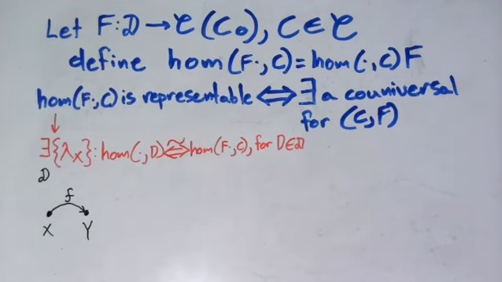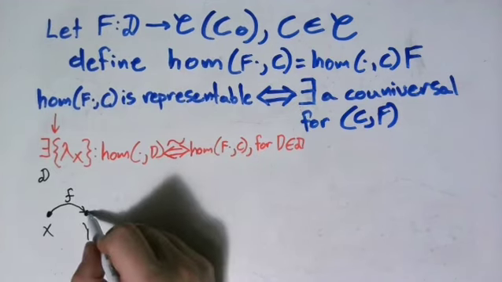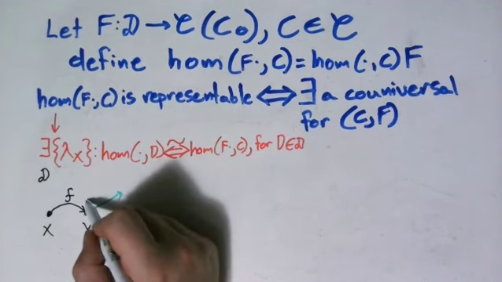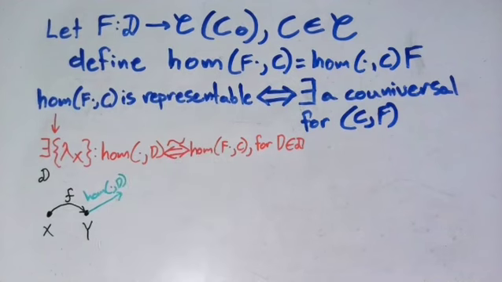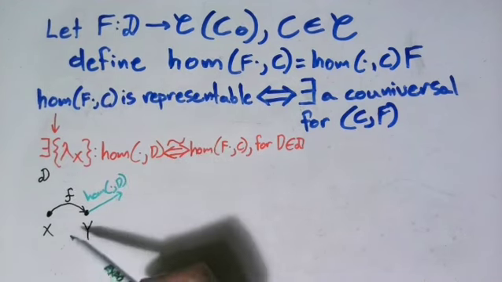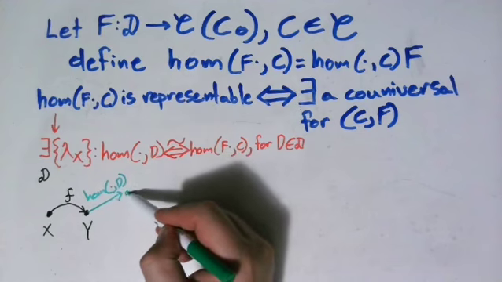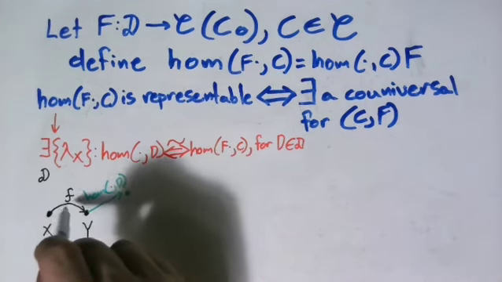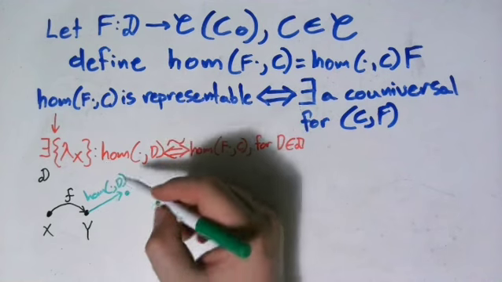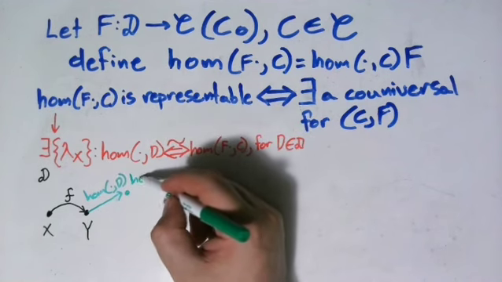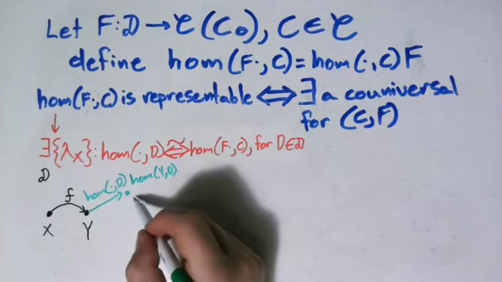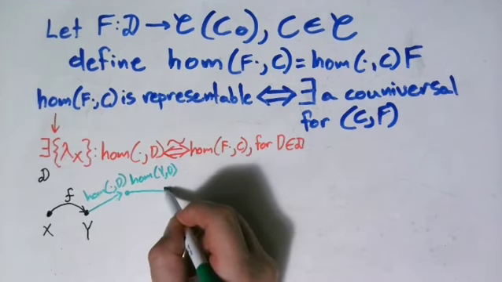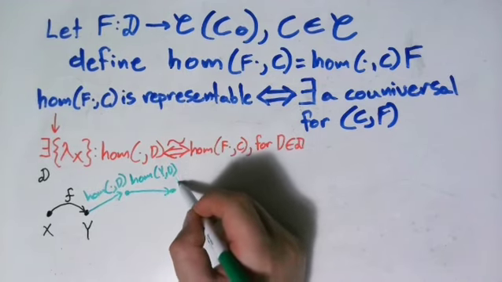Well, then on the top here, our first functor is home blank d, and that's a contravariant functor, so our image of f is going to go from home y d into home x d.